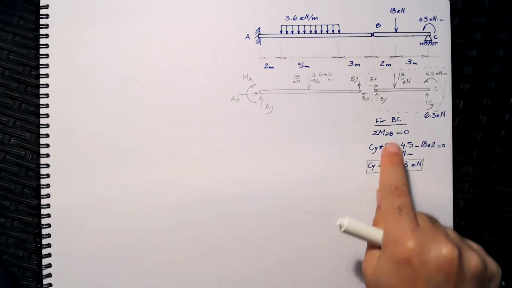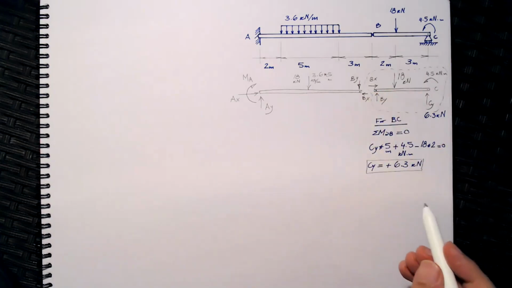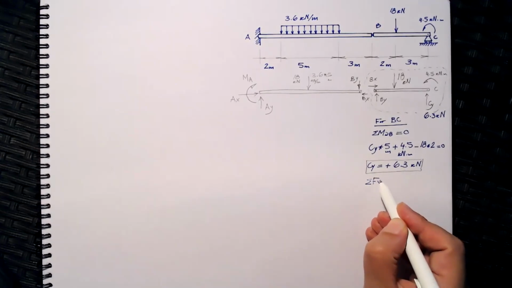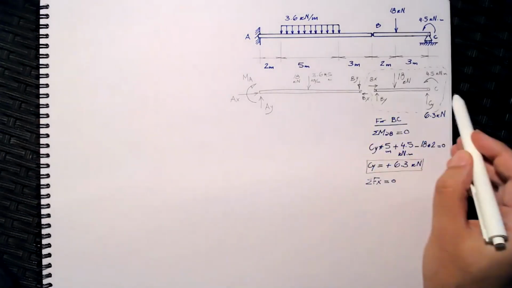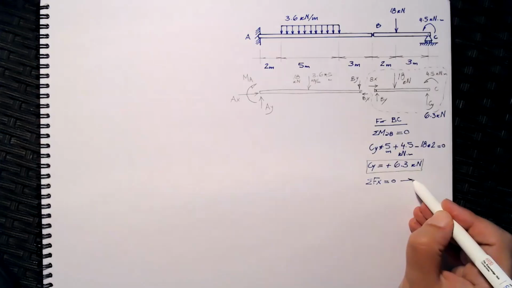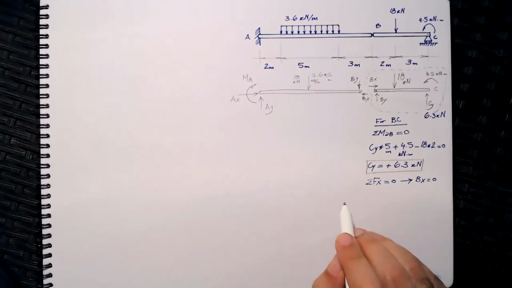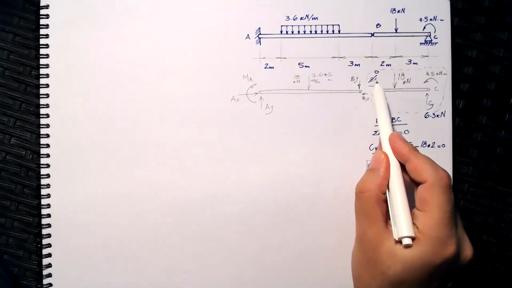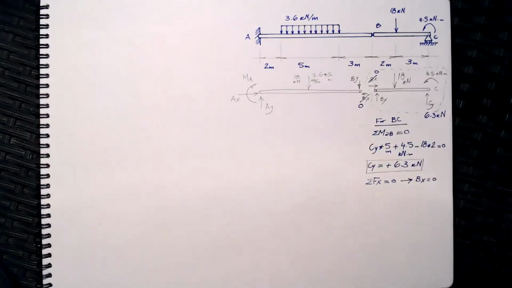The second thing, the question wanted to know the internal forces at the intermediate pin or intermediate hinge B. So taking the summation of forces in the x direction and equating this to 0, you will realize the only force in x is Bx, and therefore Bx will have to equal 0. So this guy here is 0, and if we know that Bx is 0, that means Bx on the opposite side is 0 as well.